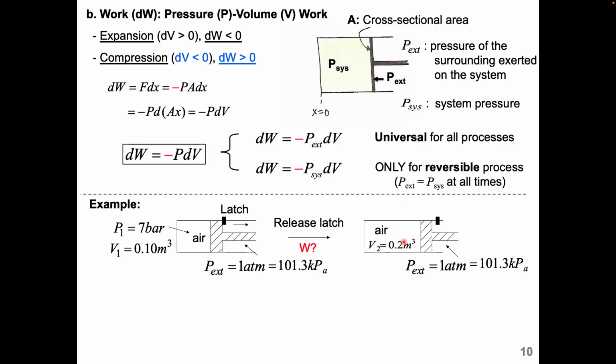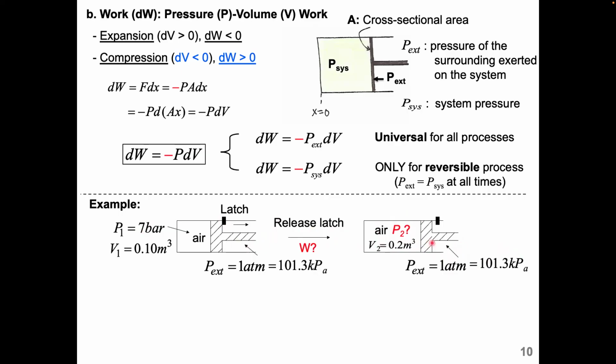The system pressure is constantly changing from 7 bar to a lower pressure during this process. But the external pressure is constant, right? External pressure, at the beginning when you release the latch, is 1 atm.